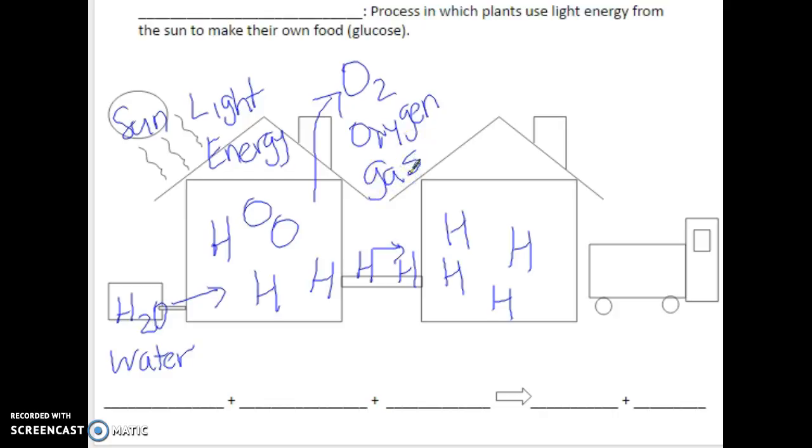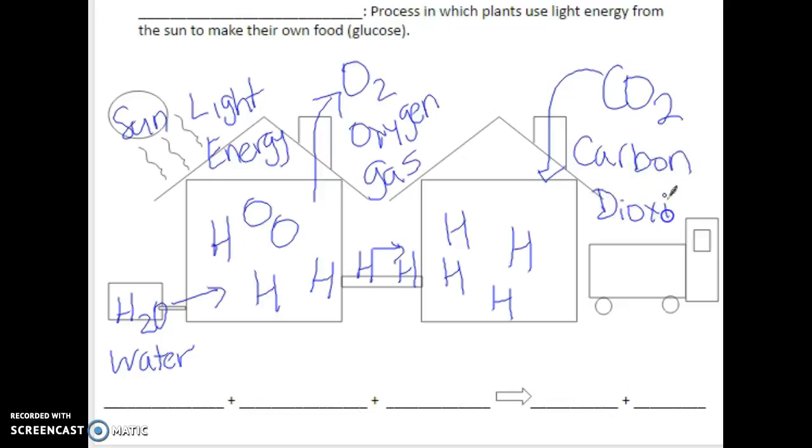So we have our hydrogens, but now we need some carbons and some oxygens because our ultimate goal, of course, is to make glucose. So the plant is going to take in carbon dioxide, or CO2. That carbon dioxide, like the water, is going to get broken apart too.